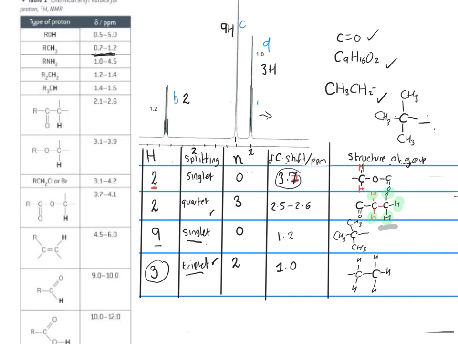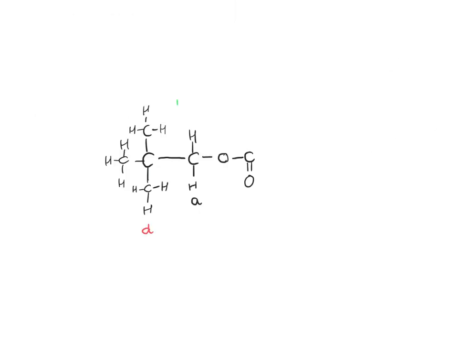So if we go to our data sheet here, we can see that CH3s in that environment have got a very low chemical shift. What we're now going to do is put all of that data together to construct our molecule like a little jigsaw puzzle. This was the peak produced at D with 9 protons. We then had a peak A, which had a singlet because on the carbon next to it, there are no hydrogens, just carbon atoms.